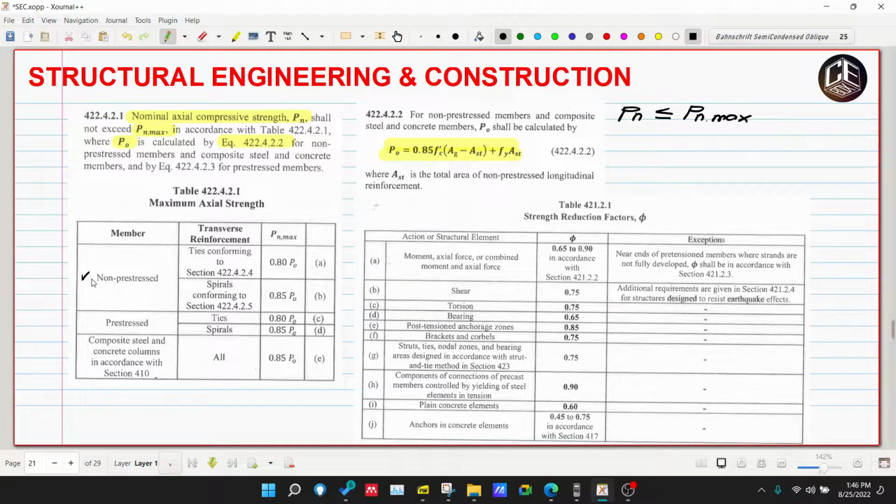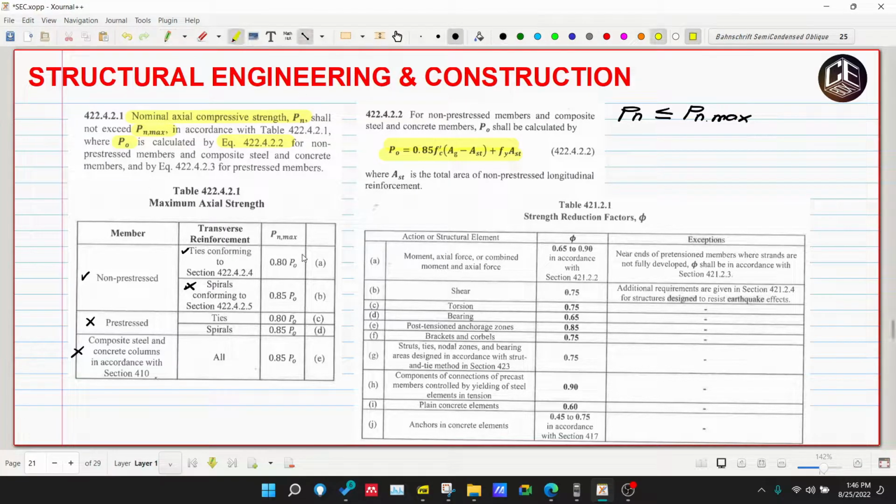Non-pre-stress lang tayo, hindi sa pre-stress, hindi rin sa composite. Tapos merong dalawang type of column dito based on the transverse reinforcement. Yung una, tied column. Yung pangalawa naman ay spiral reinforcement. So hindi tayo sa spiral. Ang sinabi sa ating problem is tied column tayo.